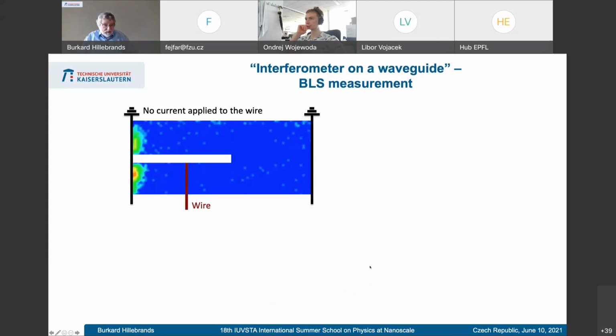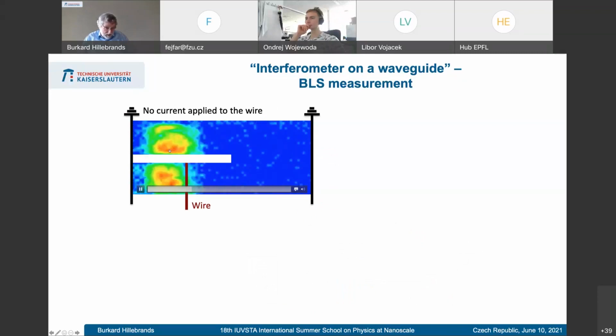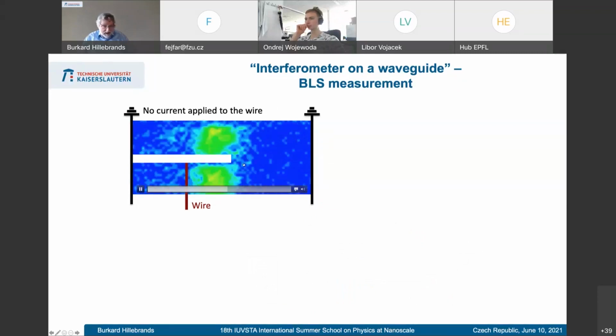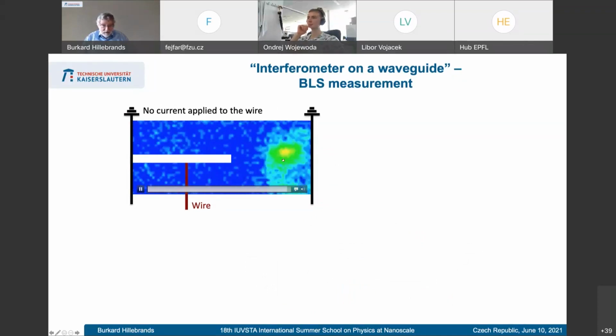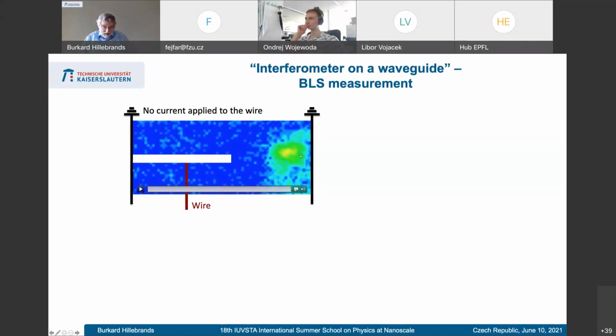And again, we use Brillouin light scattering, and let's do the experiment. So if we launch now spin wave pulses and let them propagate, here they are unified, and you see they interfere constructively because the maximum of the density is here in the middle. And now let's repeat this experiment, and now let's put a DC current through the wire. So we shift the phase, and the current was chosen so that we shift the phase by pi.